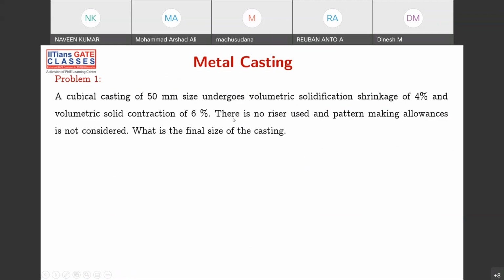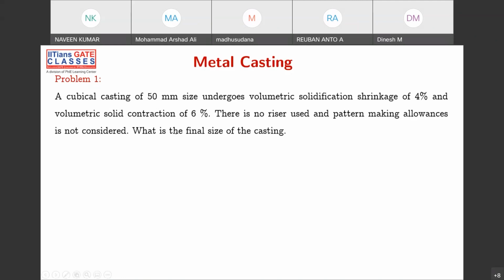No riser is used, and pattern allowances are not considered. What is the final size? Is it more than 50 or less than 50? Obviously it is less, because you're not providing any allowances.